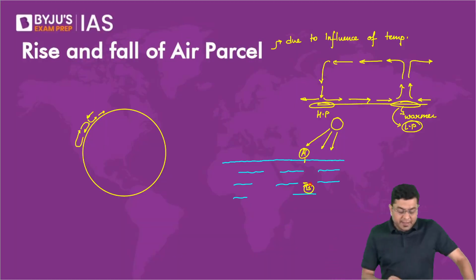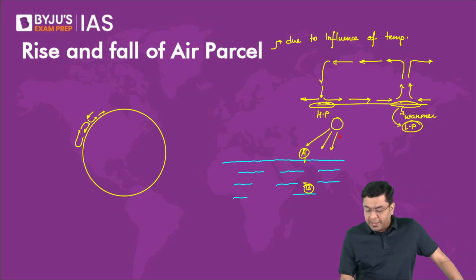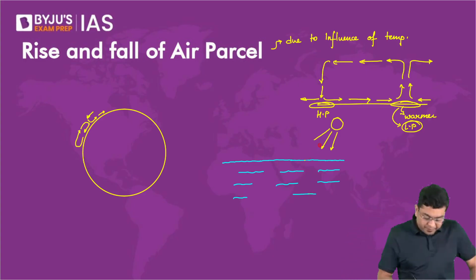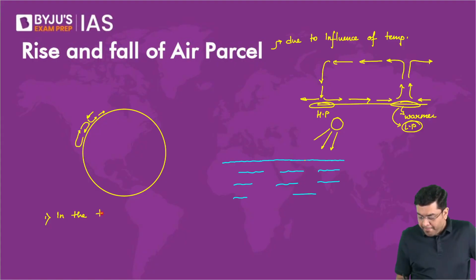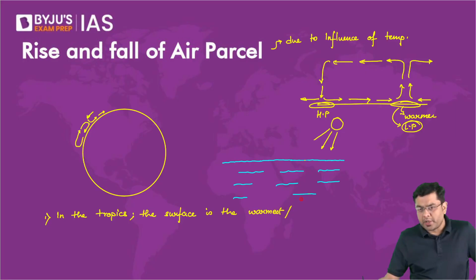So with this, let us have a couple of conclusions at the get-go. So, first conclusion. In the tropics, the surface is the warmest or hottest layer.